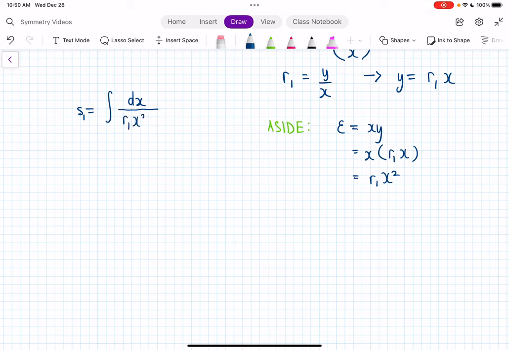So we get that. And remember, R1 is a constant. We treat R as constant, so we pull that out.